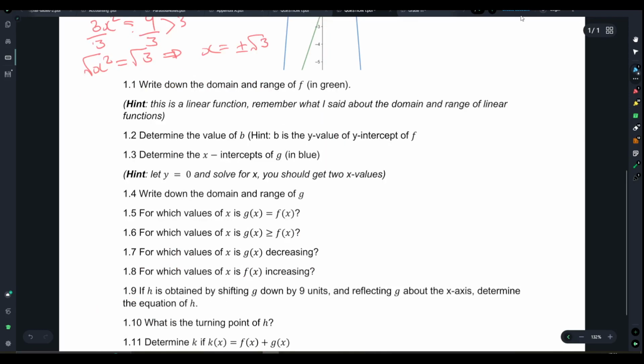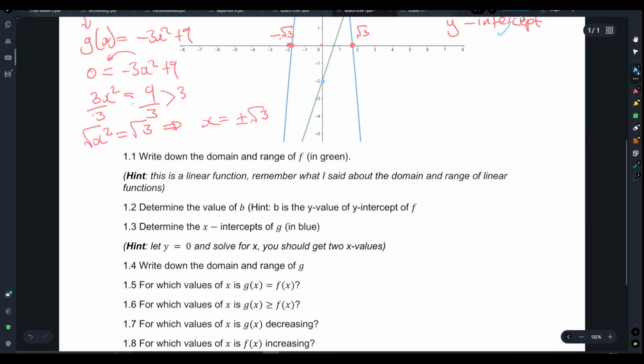Now write down the domain and the range of f. That's question 1.1. Now we actually did that. Well, here's the domain and range of f, 1.1. Okay? So you see, by first analyzing the question or the functions, you automatically solve or answer the questions without going through them.